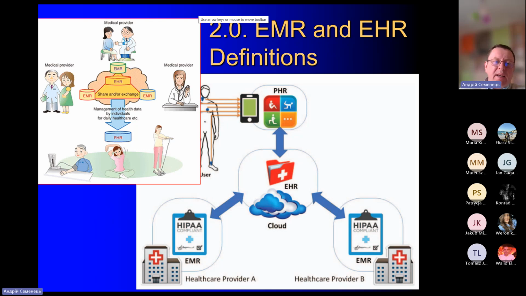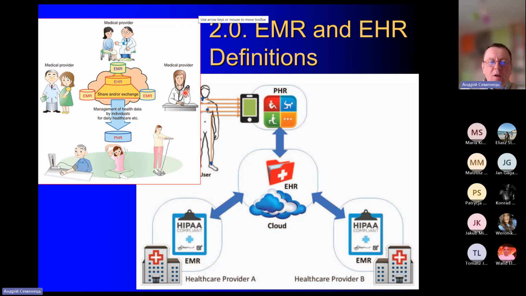When a pregnant woman attends her physician, another EMR is created. When you visit your dentist, probably a third EMR will be created.